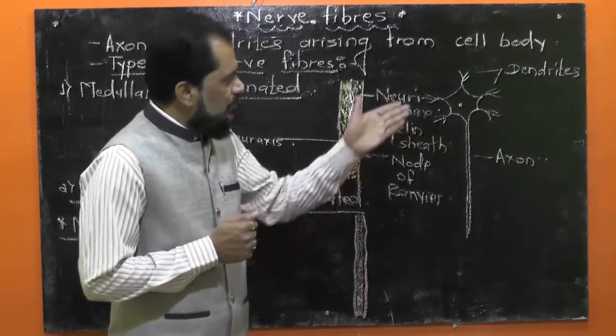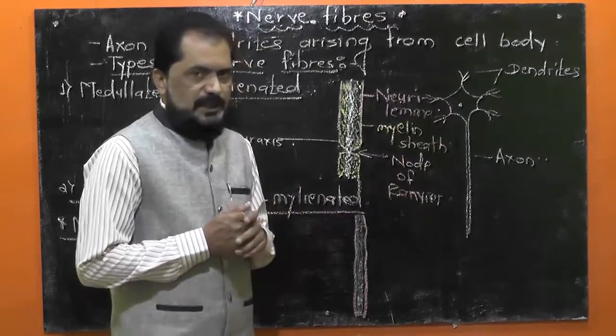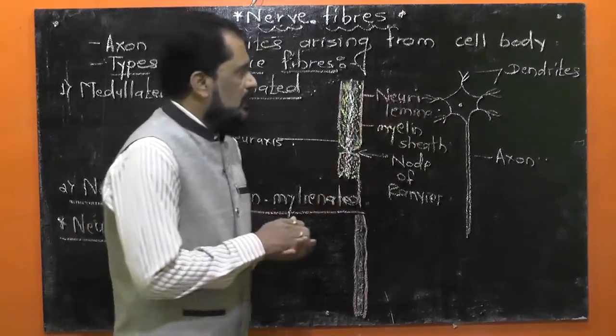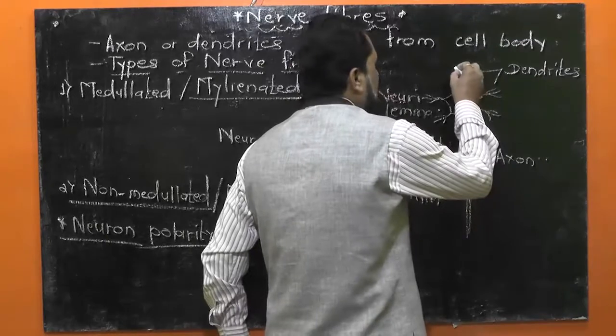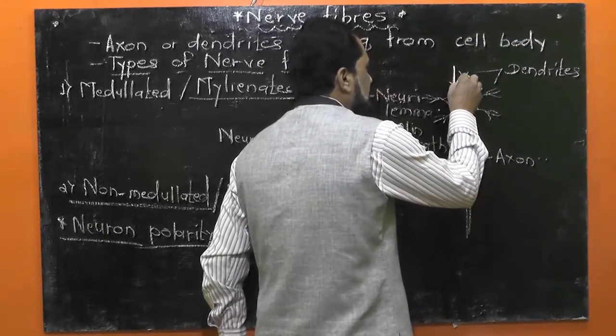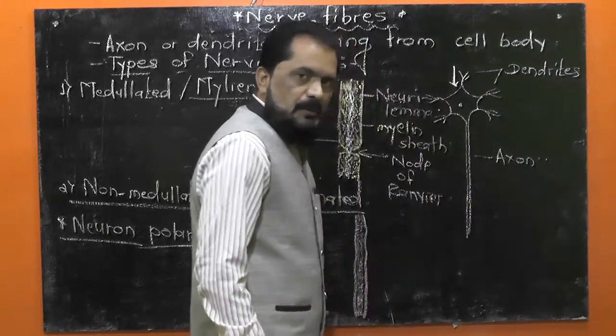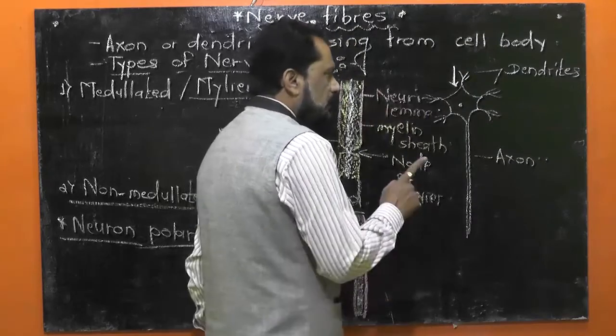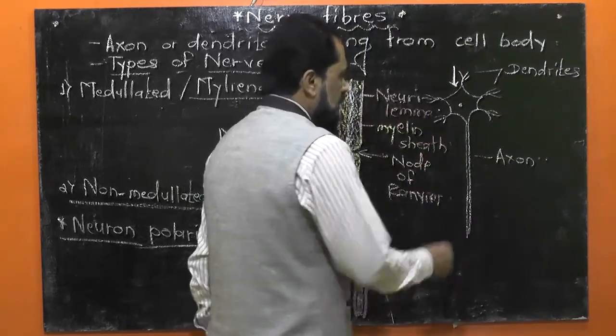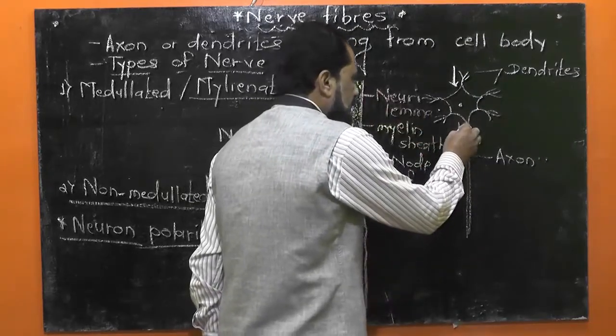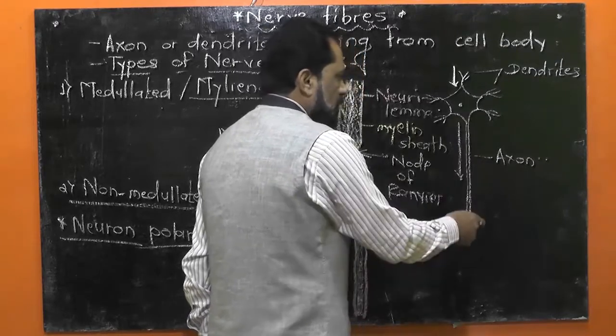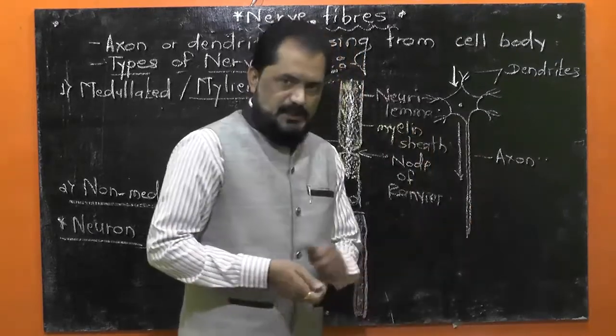It means, suppose in this nerve cell, in this neuron, the dendrites bring impulses towards the cyton, while that nerve impulse, that electric impulse, is carried away from the cyton by means of axon.